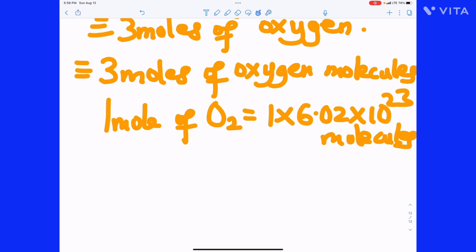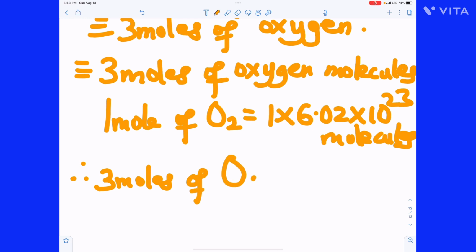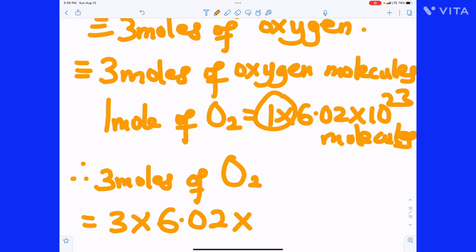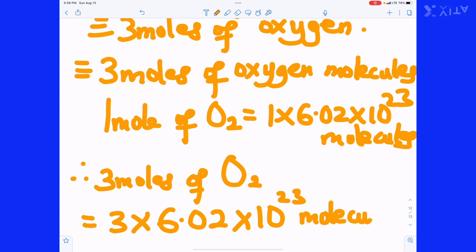So that means 3 moles of oxygen molecules will contain 3 times 1 times 6.02 times 10 raised to power 23 molecules of oxygen.